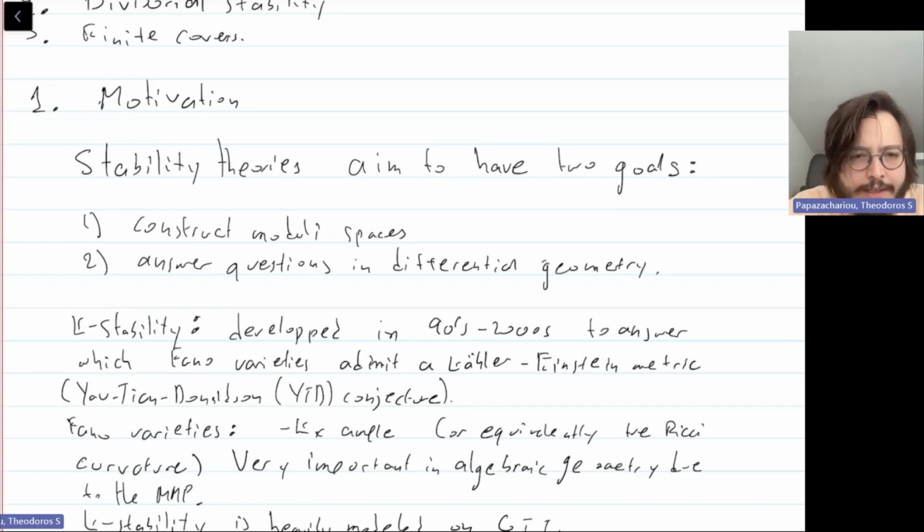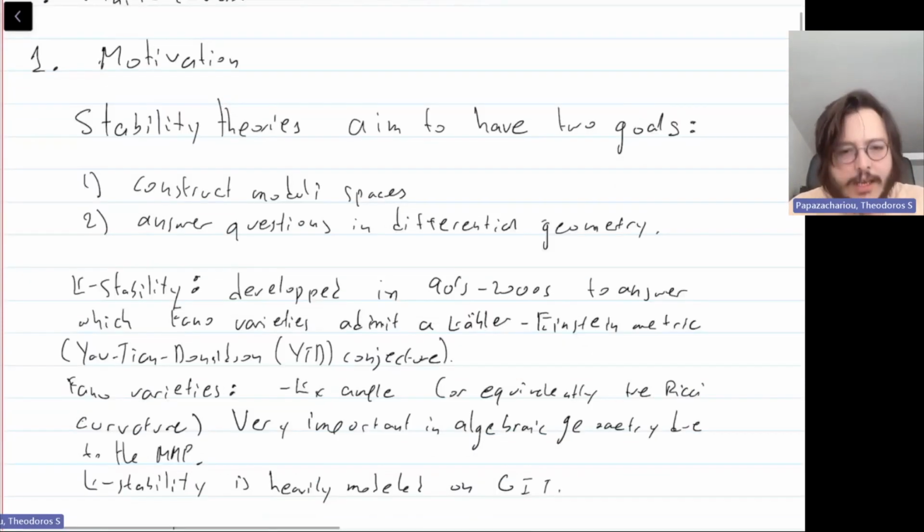The second one is more recent. It's the links that you can obtain with differential geometry, so answering questions in differential geometry. Essentially, you want to develop some notions of stability where the stable objects will have some properties in differential geometry, usually some metric structures. And the motivation behind especially the second one is really K-stability.